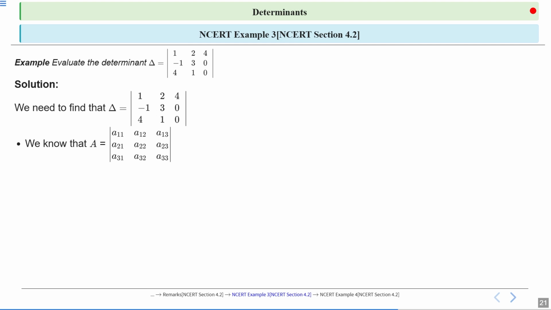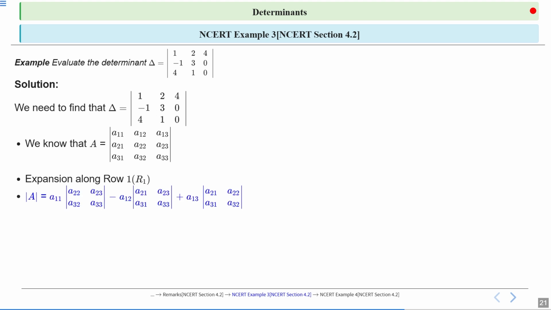So we know that if A is equal to [a11, a12, a13...], the representation of elements of a matrix of order 3 cross 3, and if we expand along row R1 to find the determinant of matrix A, we get the first element a11, then the determinant of the 2 cross 2 matrix obtained by cancelling the first row and first column, that is a22, a23, a32, a33.